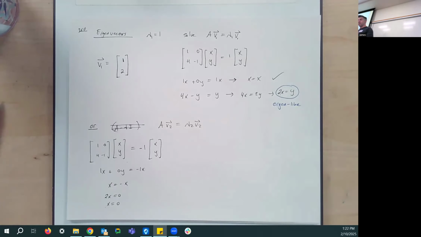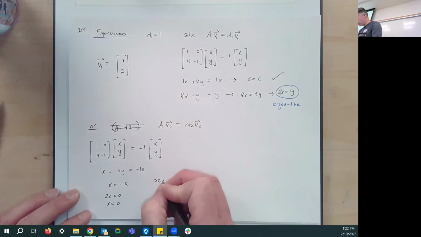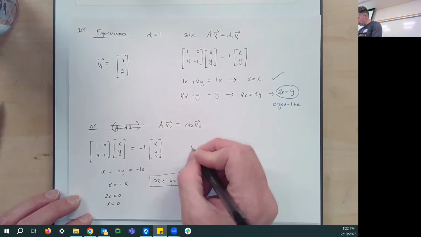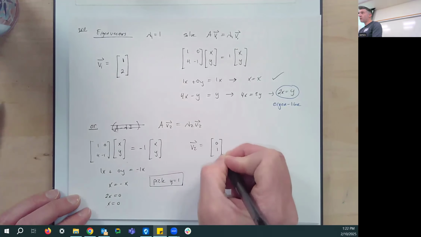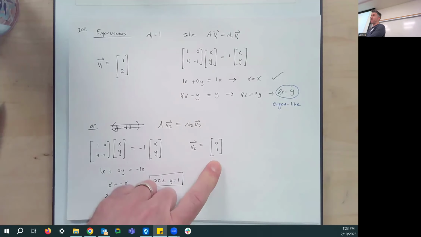Usually we pick 1, but I'll point out that if we pick y equal to 1, then our eigenvector here is going to be (0, 1). But you could have picked y equal to 3, or 7, or a billion, or -2. And all those, since they are multiples of this vector, also classify as eigenvectors.